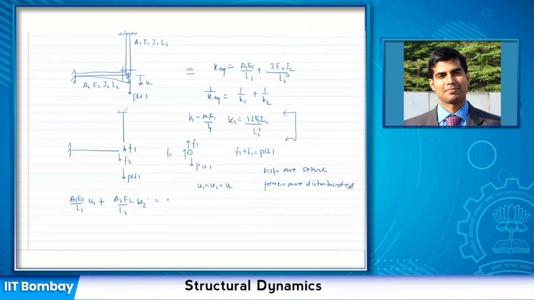If I represent it through an equivalent spring, it should be K equivalent times U. Because all these points are connected through this pin, U would be the same as the axial deformation U1 or the lateral deformation U2. So this is going to cancel off.